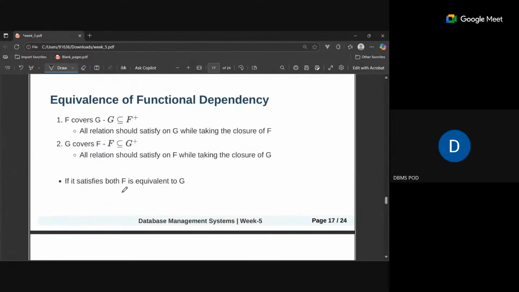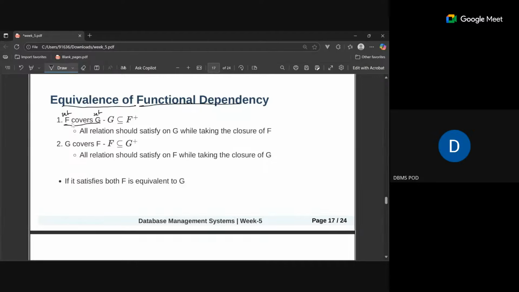So next we'll come to the concept of functional dependencies, basically equivalence of functional dependencies. And there is something called whether this dependency set covers that dependency also. So that is called equivalence of functional dependency. If F covers G, this is one functional dependency set, this is another set.